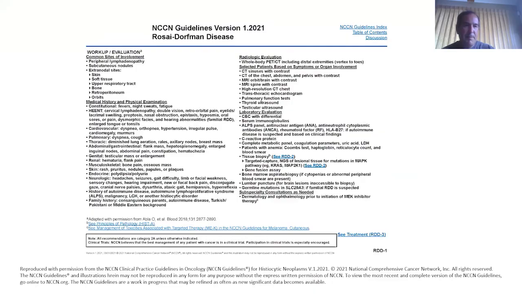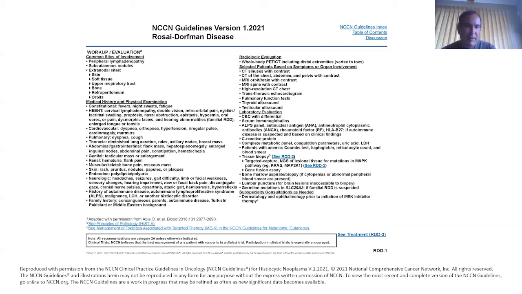Next slide, please. As with the previous two conditions, really evaluation of every organ system, either by history and physical exam and/or imaging, is very important. I often perform PET-CT in this patient population, again, largely to exclude other concomitant conditions such as lymphoma, but also to assess the extent of the disease.